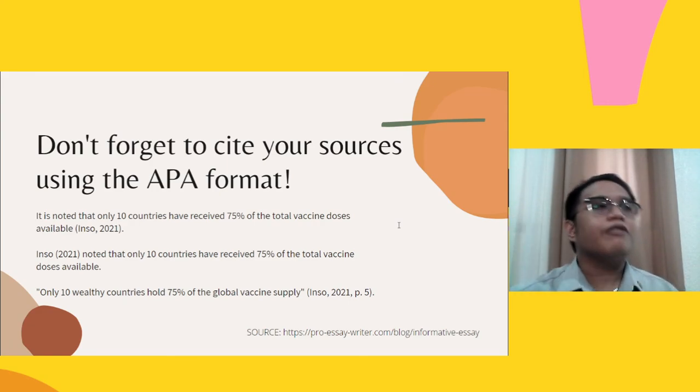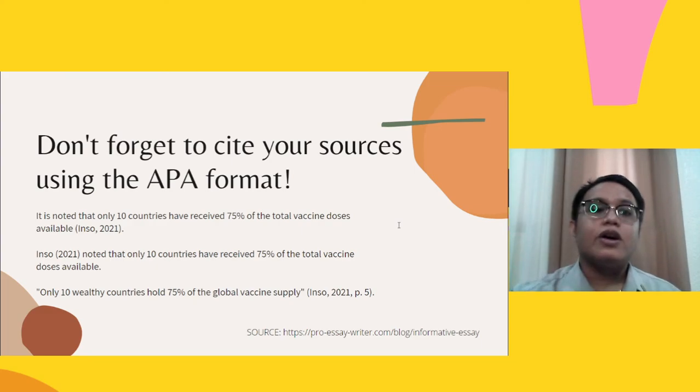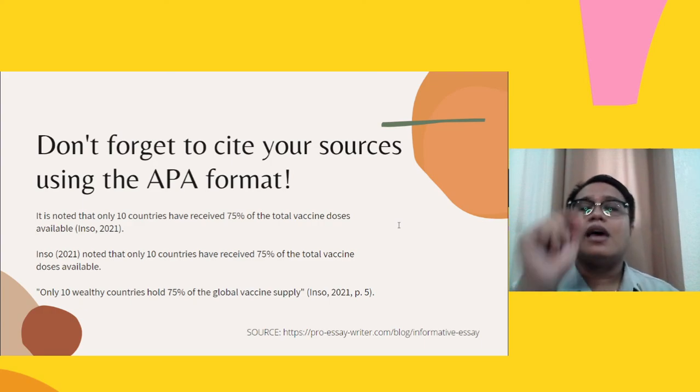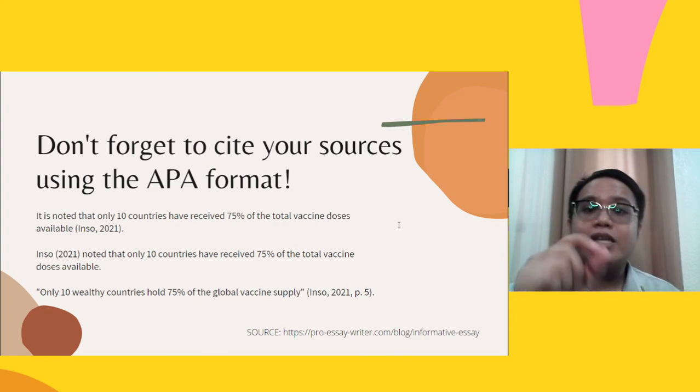Sir Kevin, what if I copied a quote? Okay? Kung diretso gud siya nga quote, so you do it like this. Only 10 wealthy countries hold 75% of the global vaccine supply, close parenthesis, and then open parenthesis, the name of the author, the date of the publication, and the page number kung asa niyo nakita.